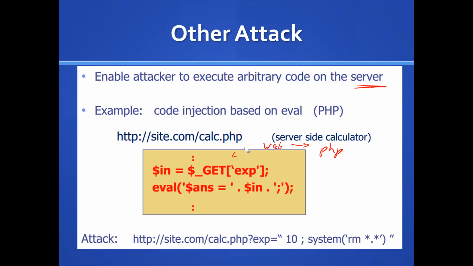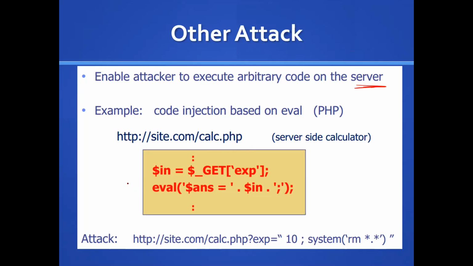We assume, for instance, that we have a server-side calculator or some program. The site is site.com and then calc.php. Okay, calc.php takes an input that is passed via a get array, right? So the get array gets that parameter x.